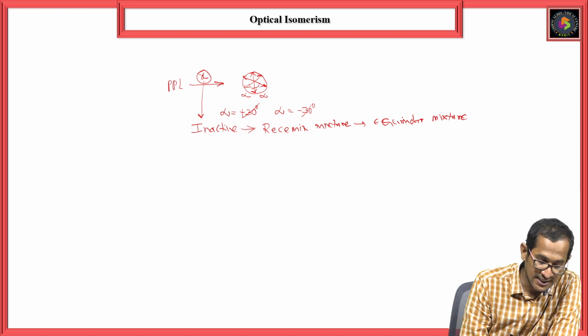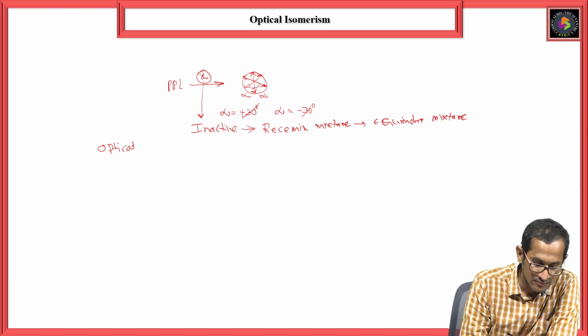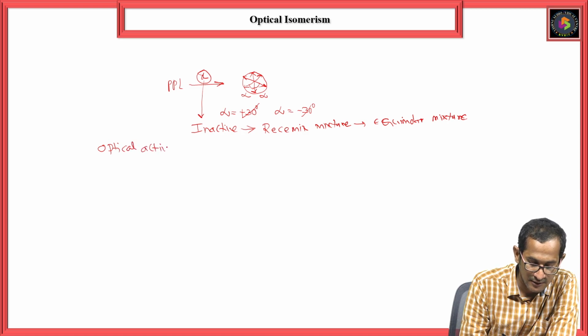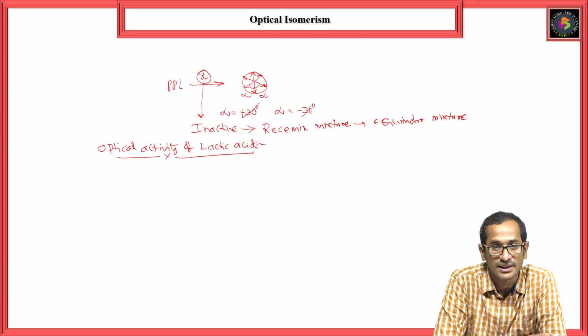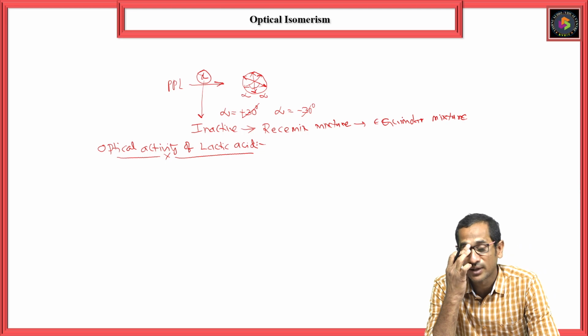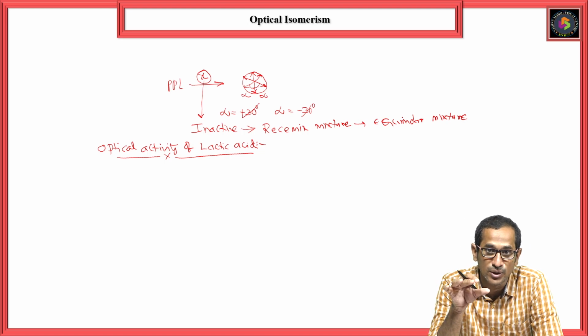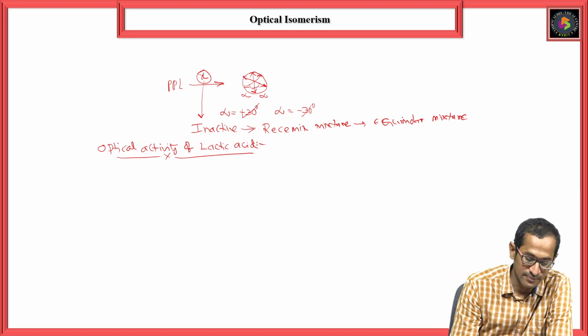So let us take an example: optical activity of lactic acid. We are discussing one example of how lactic acid shows optical isomerism.